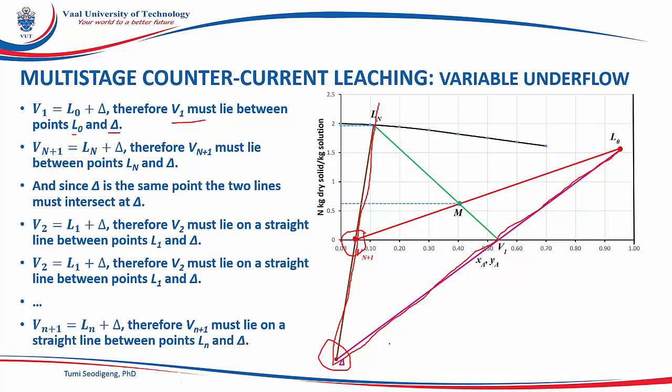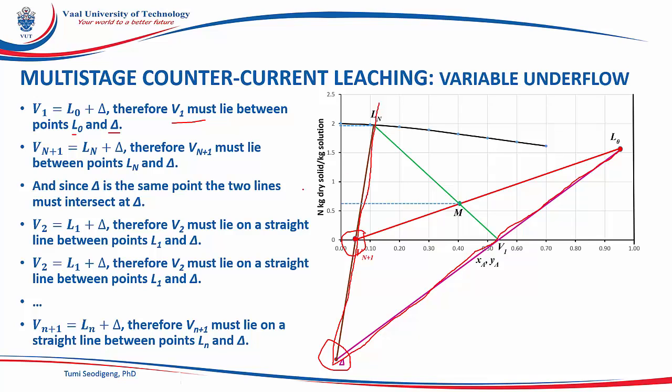pass through a point delta, which means that if you look at V2 and L2, you will find that V2 will lie on the point connecting L1 and delta. Similarly, V3 will lie on a straight line connecting the 2 points that are connecting L2 and delta.